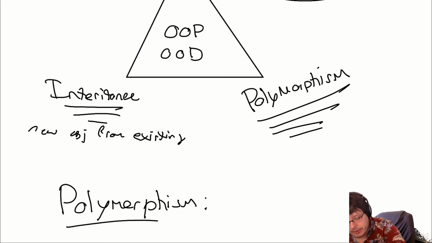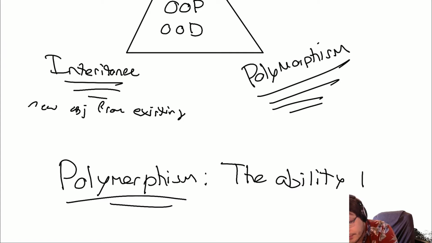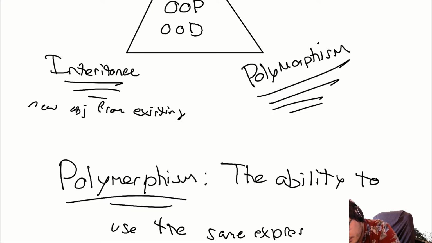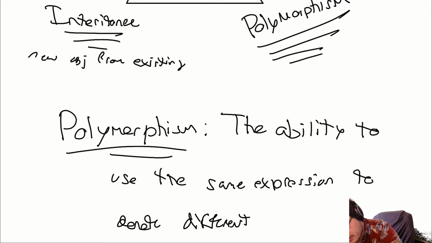But the definition that we're going to give it here in computer science is the ability to use the same expression to denote different operations.